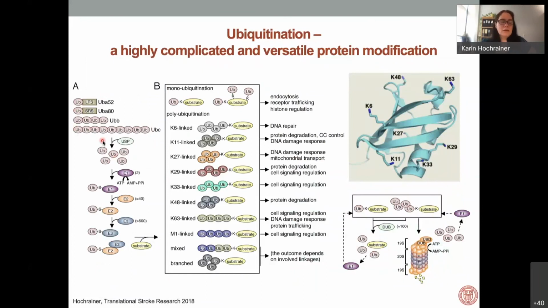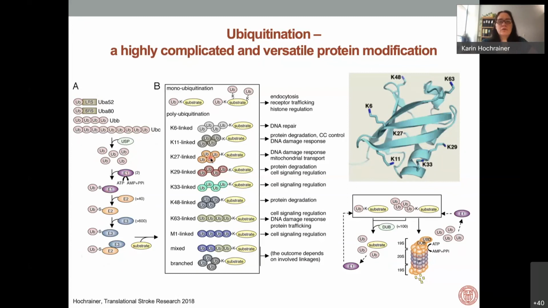It can be made from any of four genes present within a cell. It's synthesized as a chain and is then cleaved by ubiquitin-specific proteases. Once it's a monomer, it can be attached to target proteins by the sequential action of three enzymes. So it's actually pretty complicated how it gets conjugated onto its substrates.